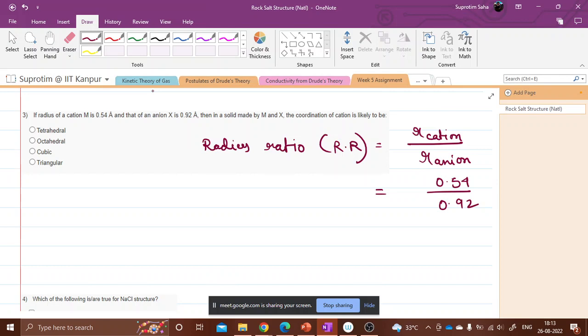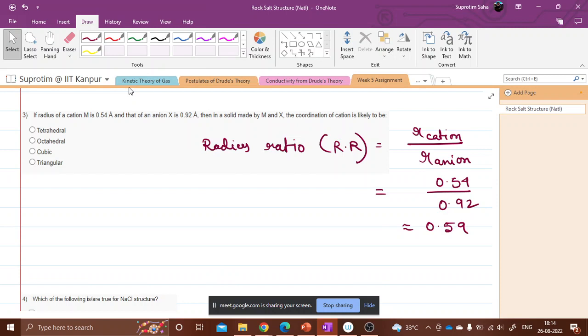So it comes out to be 0.58, sort of 0.59. You must have seen that, depending on this radius ratio, there's a predicted coordination number, and this 0.59 falls in the range of 0.414 to 0.732. So for those radius ratios, the predicted coordination number is octahedral, like the NaCl or the MgO structure, right?